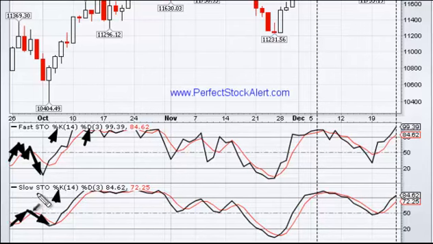Or you could say the other way, the slow Stoch percent K is actually the same exact line, the same exact points as the percent D on the fast Stoch. The percent D on the slow Stoch, the red line here, they simply added another 3-day simple moving average to that and created a signal line, basically.